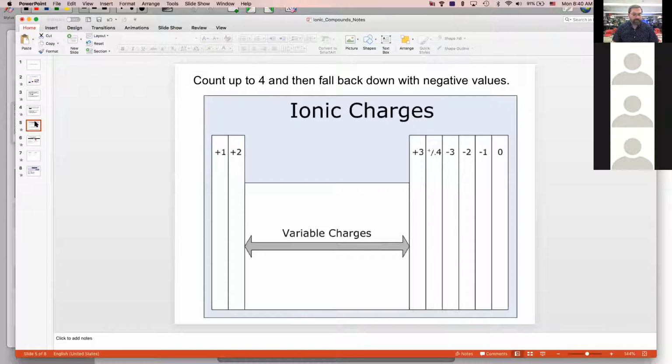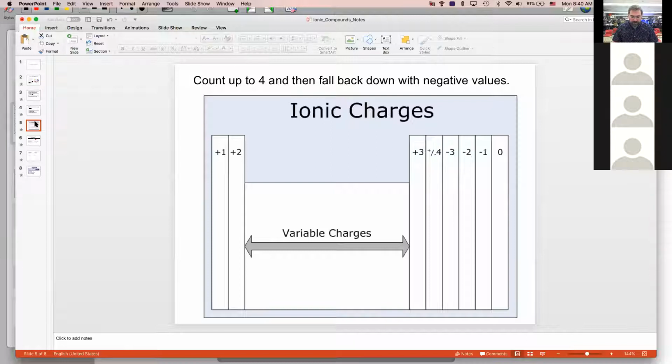The nitrogen group, those then are negative, so -3. The oxygen group, -2. Those are sometimes called the chalcogens. And the 17th column in the periodic table, all the way beginning with fluorine, those are the halogens. They have a charge of -1.